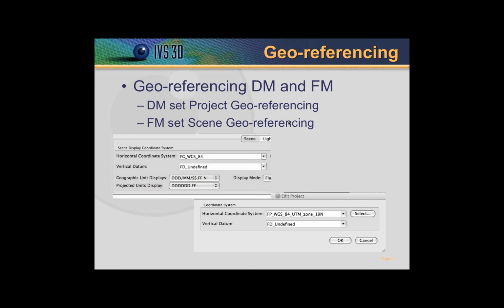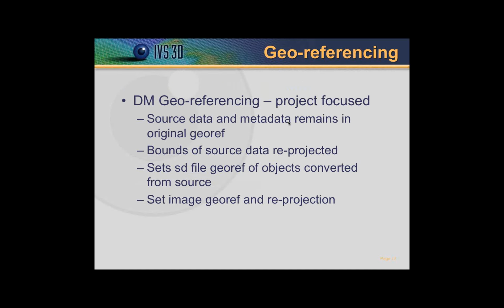So then as you're working through all your source data that might be from different georeferencing, or you need to apply it and set the georeferencing, when you're working within the project, any SD file created then will go into that project georeferencing. Within a scene has display georeferencing, and what you do with that is then you can bring in multiple objects of different georeferencing, and then it's how they're displayed and saved in the scene. So similar concept, but slightly different, and you just need to be aware of that when you're using the software.